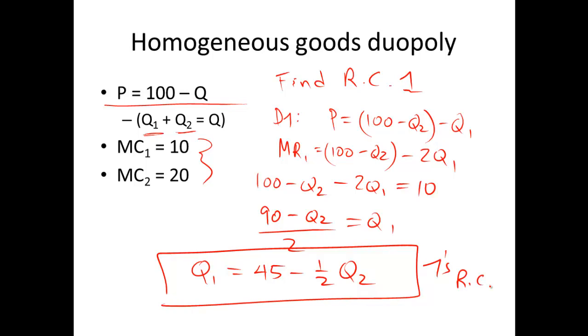Now once again, because the marginal costs aren't the same at the two firms, this is not a symmetric problem. We can't just switch the subscripts to find the answer. Instead, we have to separately find firm 2's reaction curve. So let's do that. Demand at firm 2 looks like this: P equals 100 minus Q1 minus Q2.